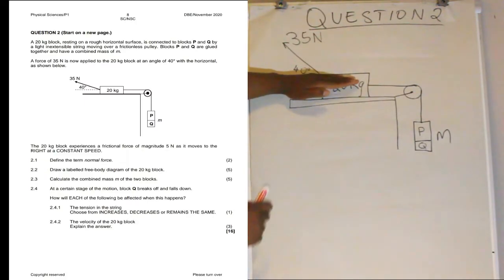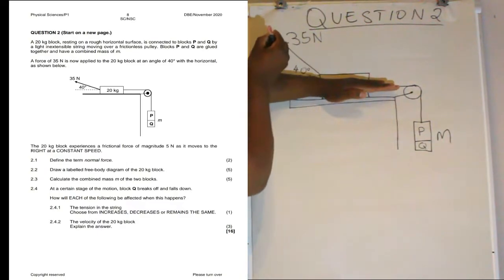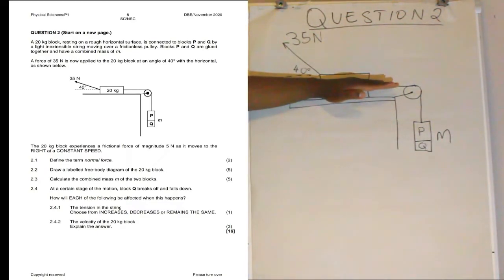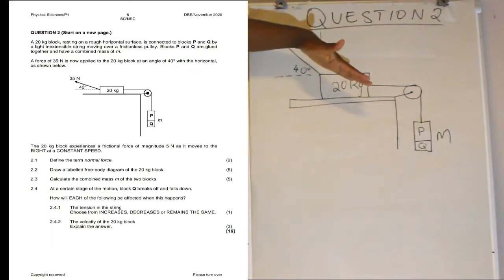As you can see, this is the horizontal, which means the angle between the force and the horizontal is 40 degrees. The force is applied at an angle to the surface, not horizontally or perpendicular to it.